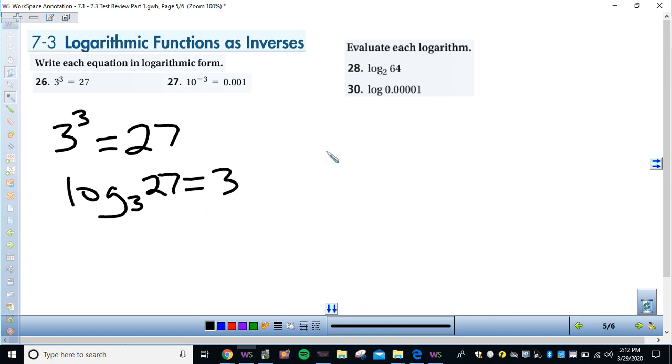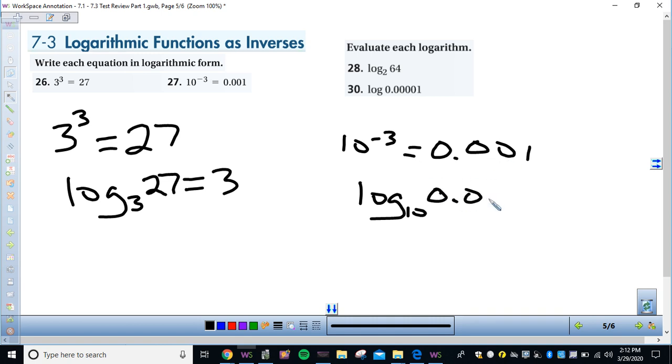I'm going to do 27 here. So 10 to the negative third equals 0.001. And we're going to write this logarithmically. Remember, when we have log base 10, you don't have to write that 10. So I'll write the base 10 for now and show you what it looks like without. We reach across the equal sign, so log base 10 of 0.001 equals negative 3.